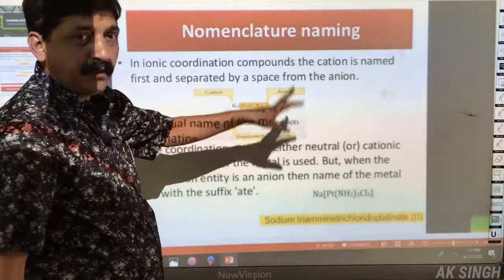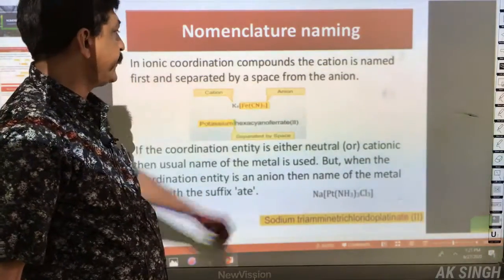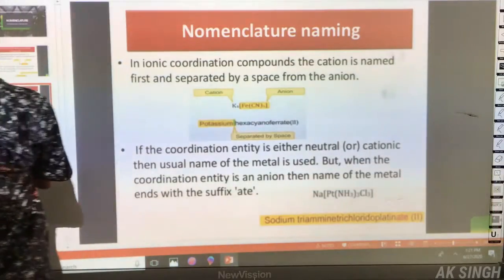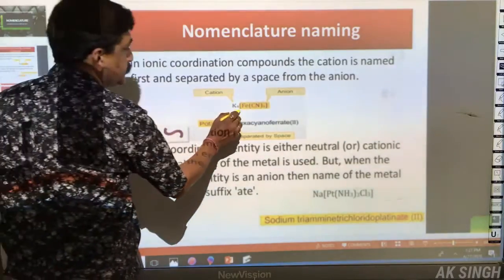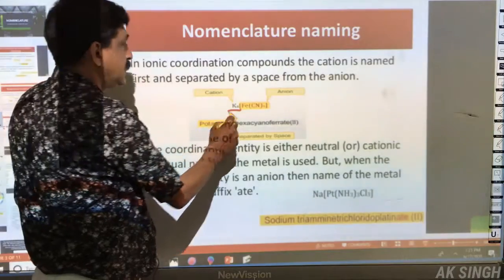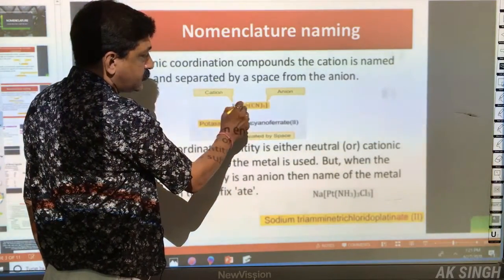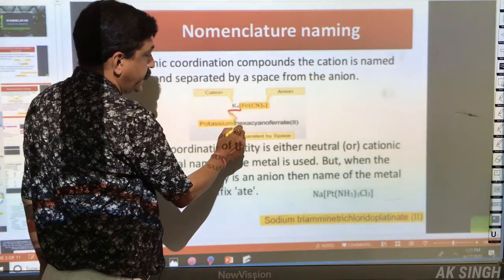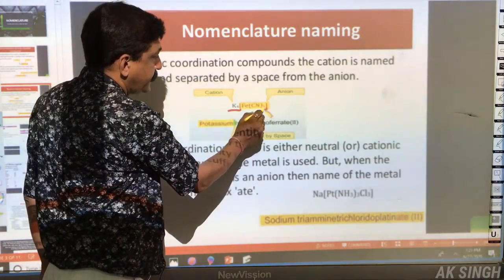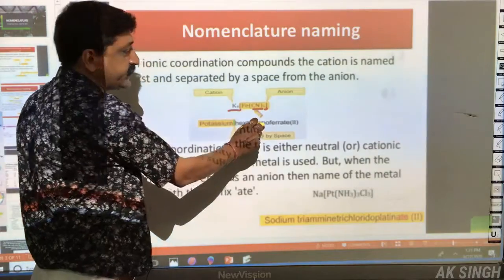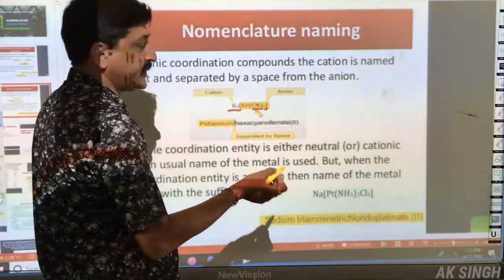The same example, K4[Fe(CN)6]. This is the cation part. Potassium, 6 ligands attached to the central metal atom, so we name it as hexacyano. It is cyano, but we have to correct it as cyanido.